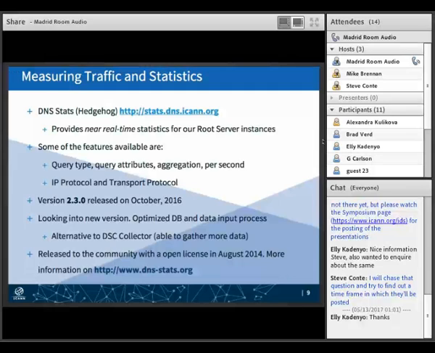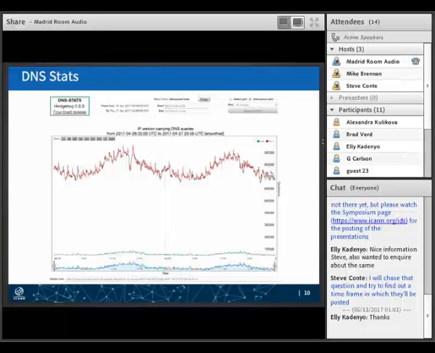If you want, you can access the community open source software through DNSstat.org, where you can also access the GitHub repo. This is a small screenshot of how the software looks nowadays, showing the difference between IPv4 and IPv6 on a normal day. I think this is from last week.